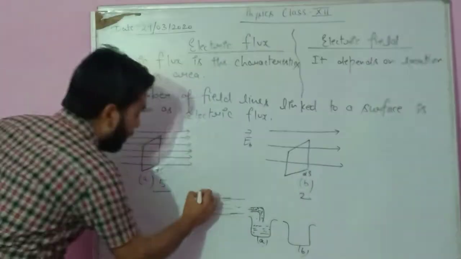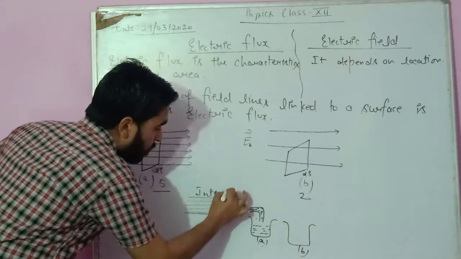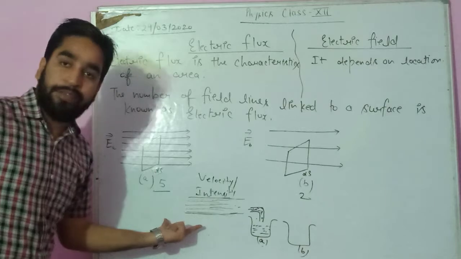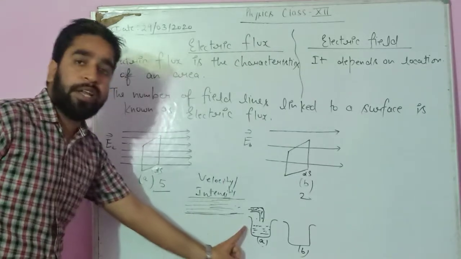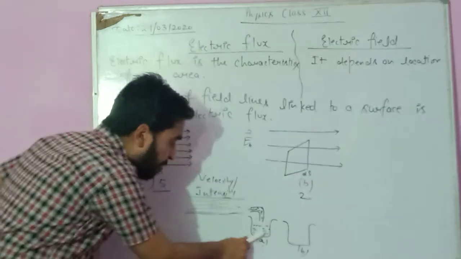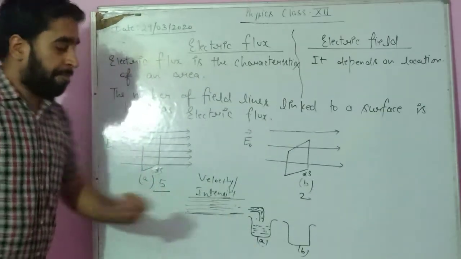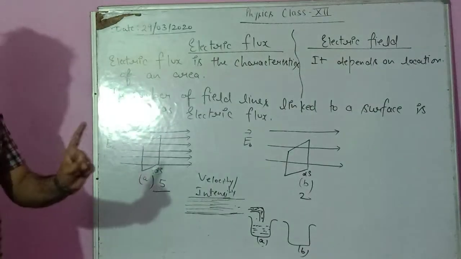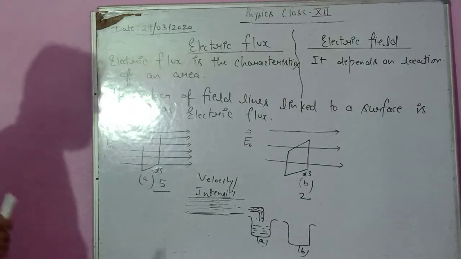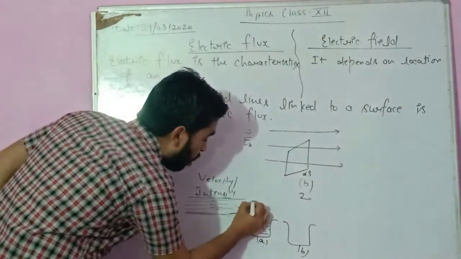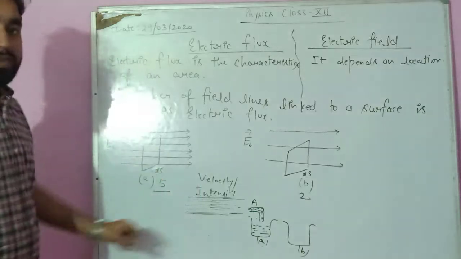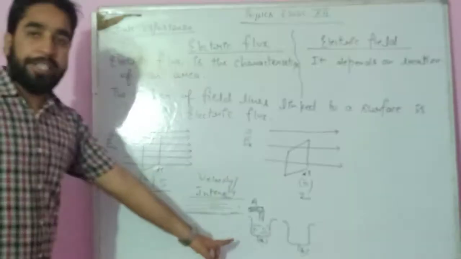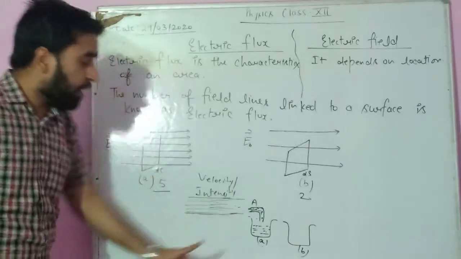One is the intensity, which we can also say is velocity. The higher the velocity of water, the greater the amount of water entering figure A. The lesser the intensity, the lesser the water entering. And the other thing is the area of this particular pipe which is actually receiving it. The greater the area, the more water enters this particular container.